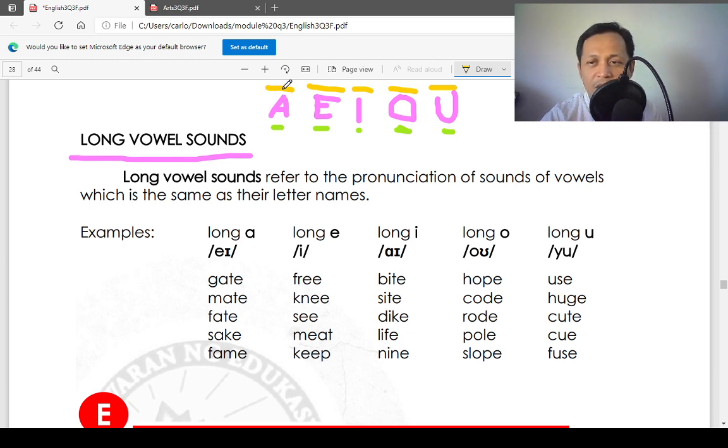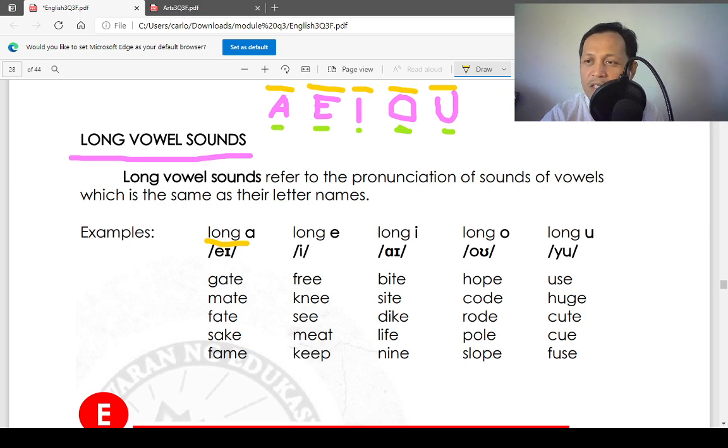Okay? Using their letter name, the pronunciation becomes longer. Now, long vowel sounds refer to the pronunciation of the sound of the vowels which are the same as their letter names.